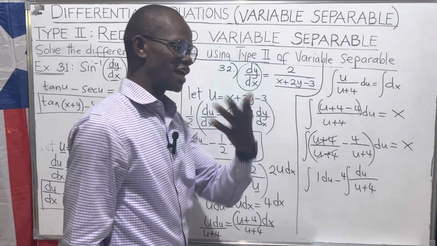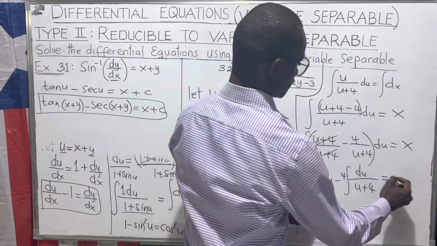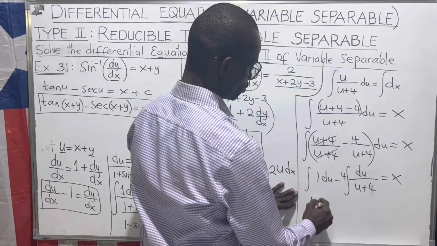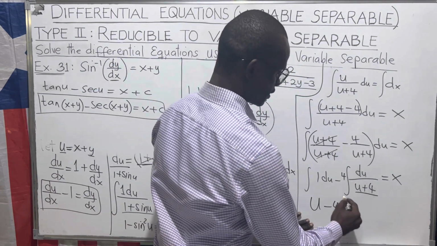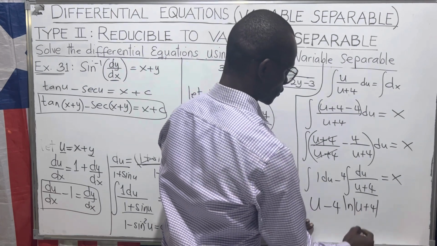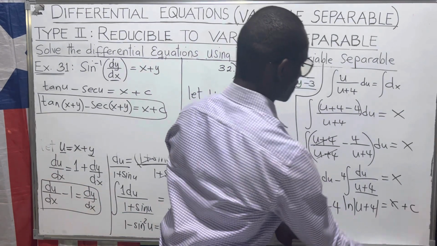Now the integral of 1 du is just u. And then this is 4. This is a linear factor, so it just becomes the ln of u plus 4, all equals x plus some arbitrary constant c.